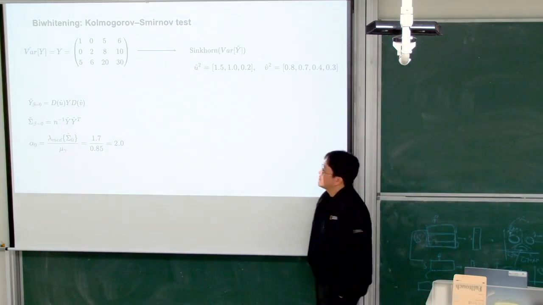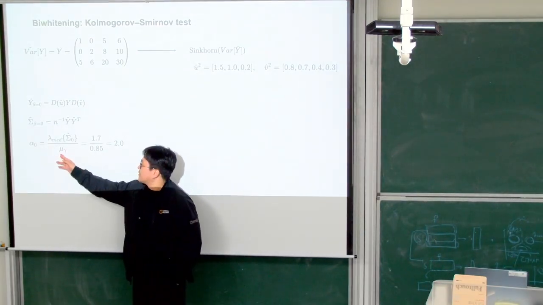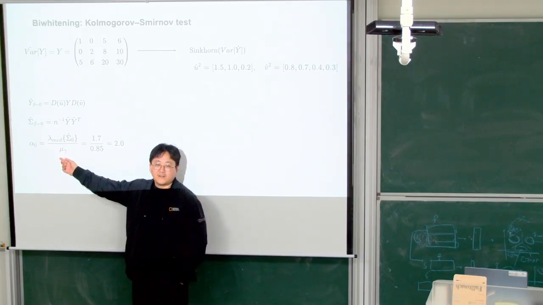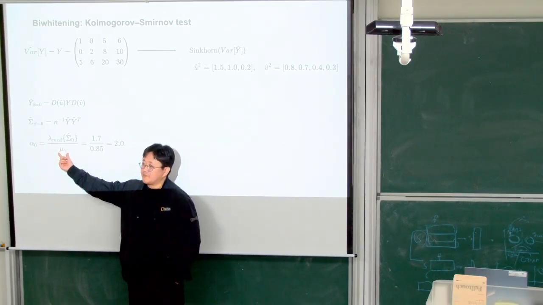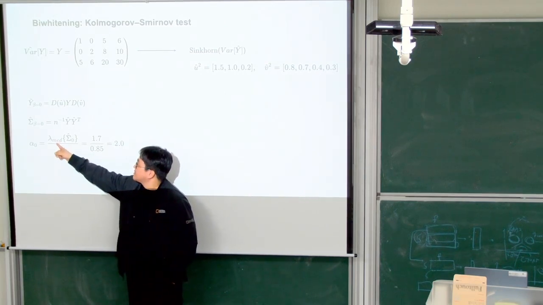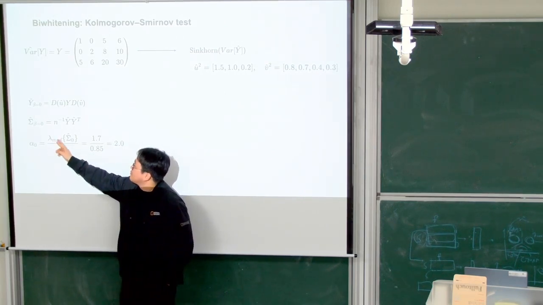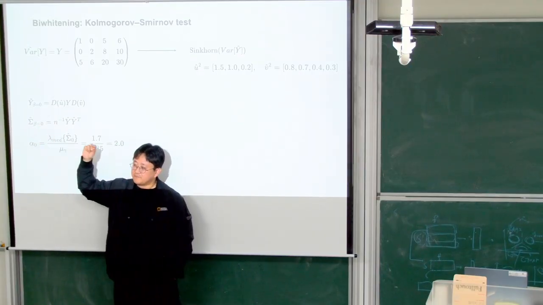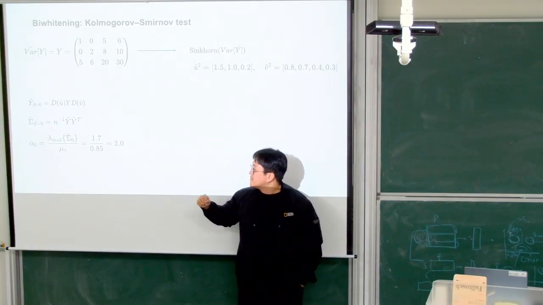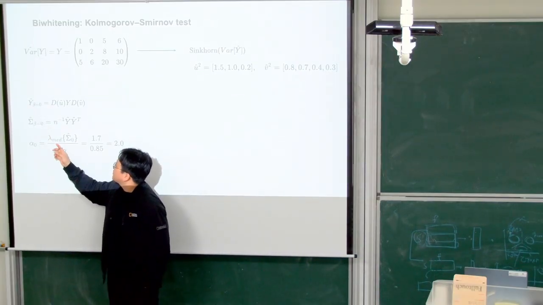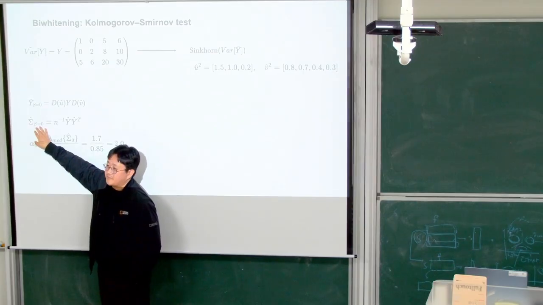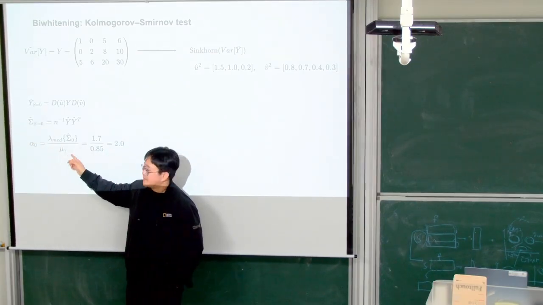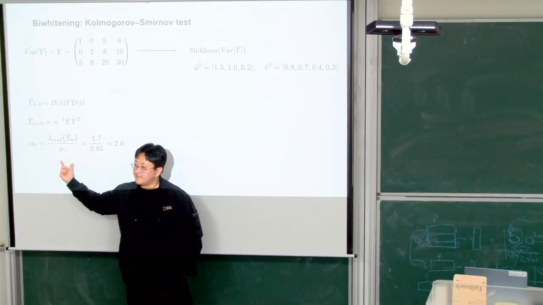The definition of alpha: the numerator is the theoretical distribution's median, and the lambda median is the median of the empirical distribution, which can be obtained from this covariance matrix. So the median of the eigenvalues of this covariance matrix should be this, and this is the theoretical median.